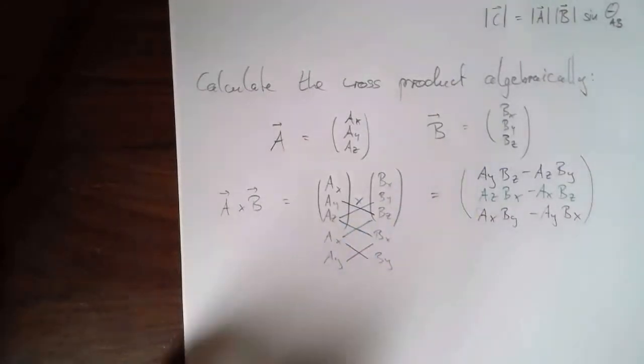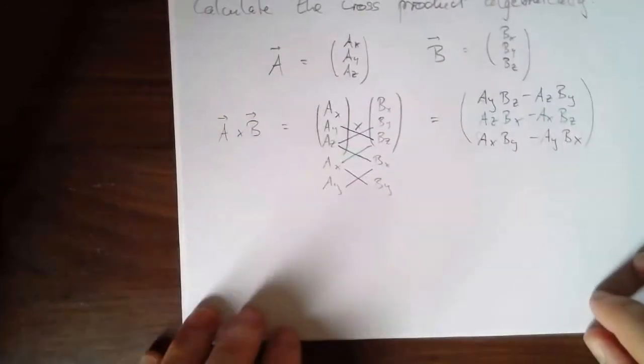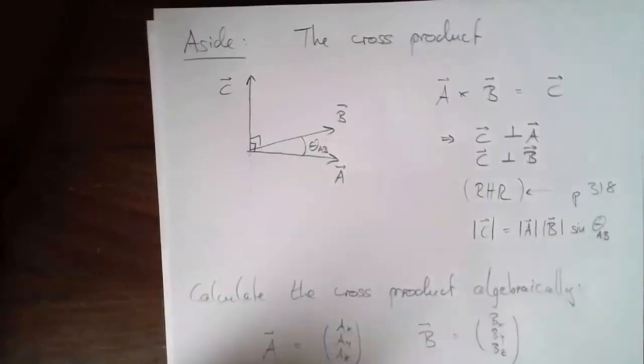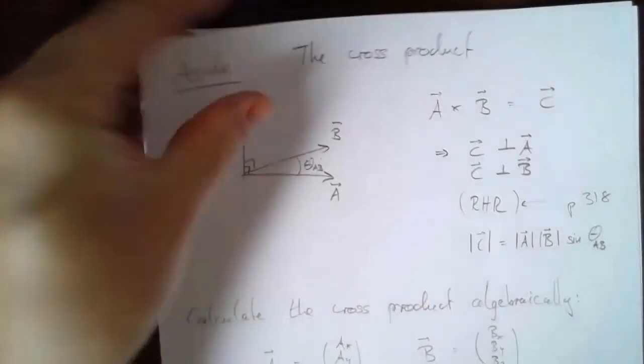Let's do an actual number. So I'm going to start with two very simple vectors that I can actually draw on paper. Let me get a new page actually. So example 1.